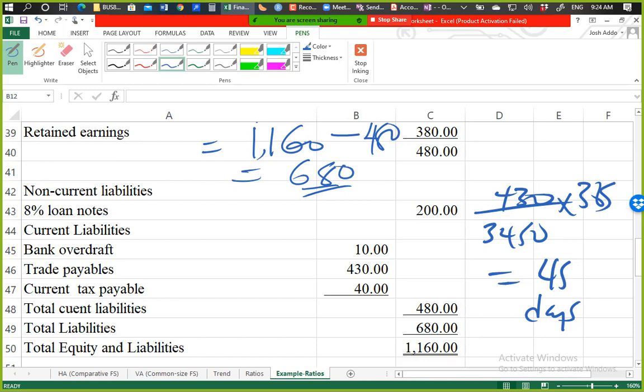That is the cash operating cycle or the working capital cycle. I want you to calculate that because we have calculated the inventory turnover period, the receivables collection period, and the payables payment period.